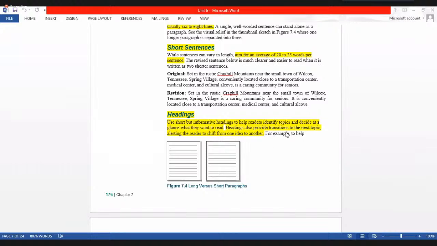Headings also provide transitions to the next topic, alerting the reader to shift from one idea to another. And if you have organized the headings in a proper way, then the headings also lead the readers to another heading.